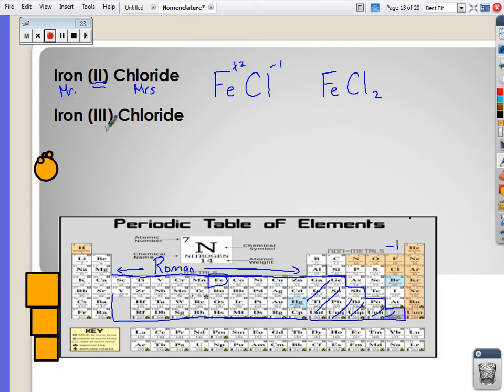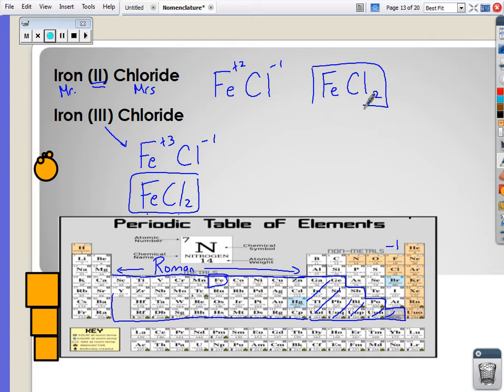So what's this iron 3 chloride? Iron 3 means that this iron has a charge of 3. That goes up high, it's a charge. Chlorine has a charge of -1. So how are you going to write this compound? FeCl3. So if you look, if we just used our Mr. or Mrs. iron chloride, this would also be iron chloride, wouldn't it?